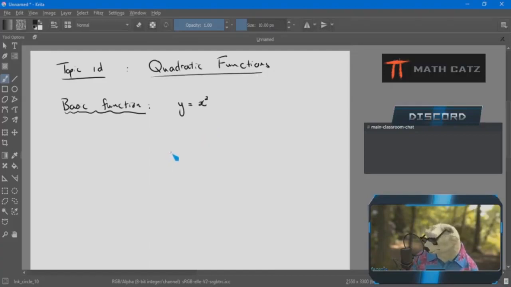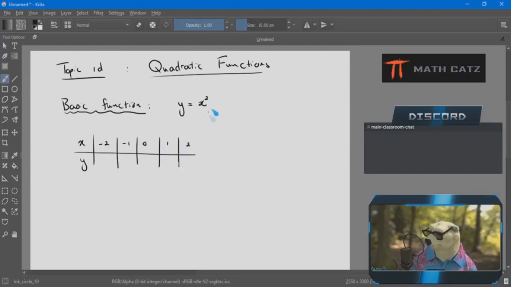Again, not very complicated. But the first time you saw it, you maybe made a little table of x and y values, maybe -2 for x, -1, 0, 1, 2. And of course, this is a function. We plug in the x value, we get a y value out. And the obvious y values are just the x values squared.